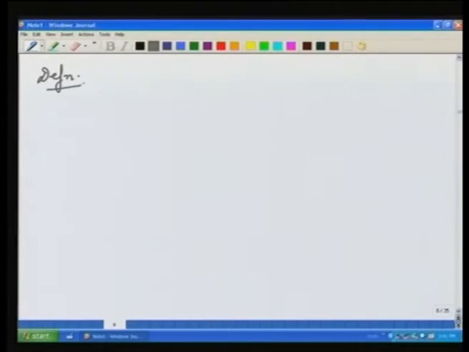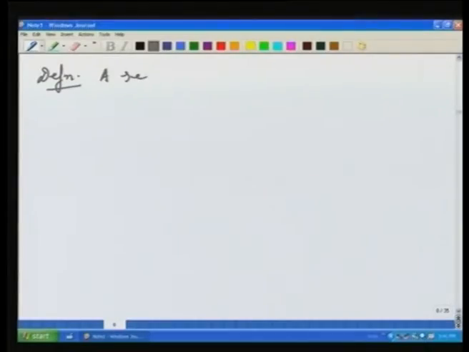The definition I need is of a monotone sequence. So, what is a monotone sequence? Well, a sequence x n is called monotone increasing, in short m I, if x n is less than or equal to x n plus 1 for all n.